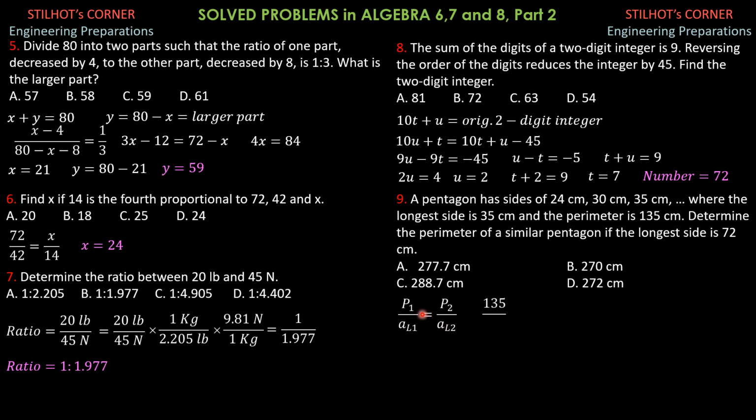So 135 over 35 equals P2 over 72. So P sub 2 is 135 times 72 divided by 35, and that is equal to 277.7 centimeters.